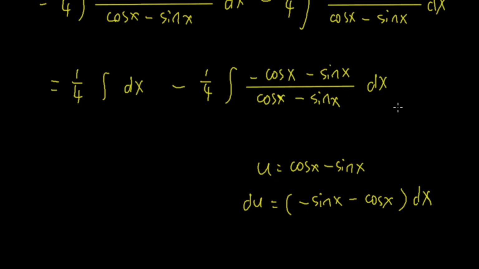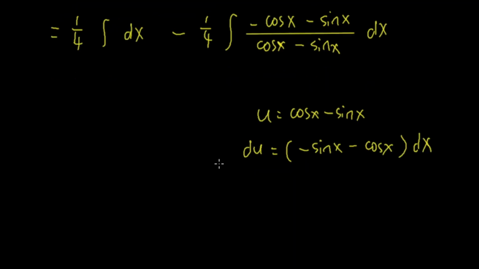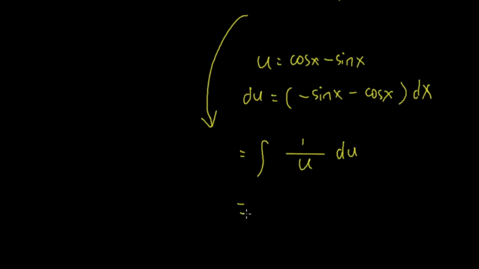So this can be replaced with this completely here. So this one here will become integral of 1 over u times du. That is just equal to ln of u. And u is equal to cosine x minus sine x. So that is ln of cosine x minus sine x.